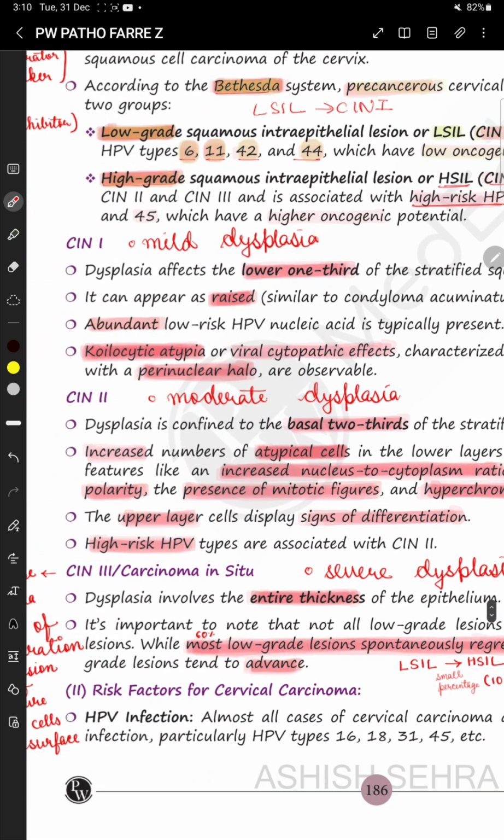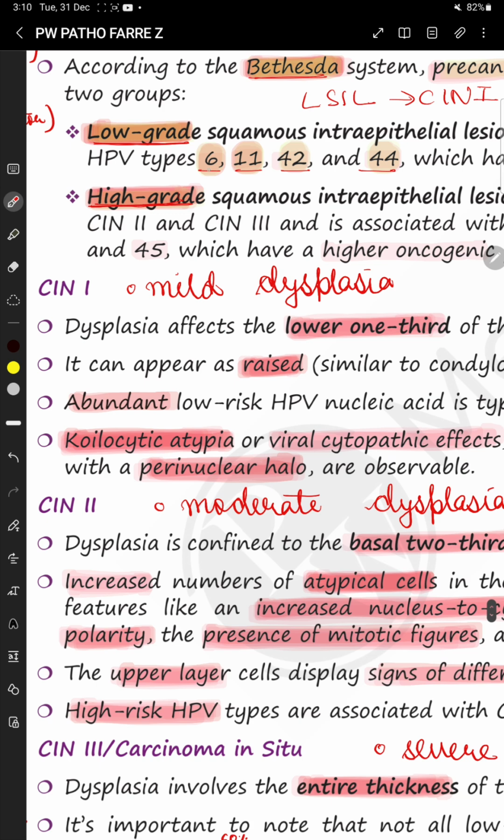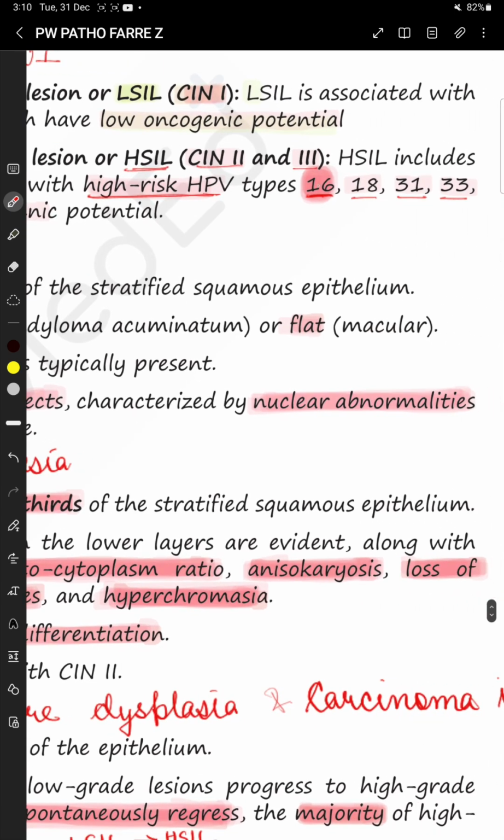सो बेथेस्दा सिस्टम के अकॉर्डिंग ये जो प्री कैंसरस लीशन है उसका दो ग्रेड होता है, लो ग्रेड स्क्वामस इंट्राएपिथेलियल लीशन और हाई ग्रेड स्क्वामस इंट्राएपिथेलियल लीशन. लो ग्रेड में CIN1 आता है and it is associated with HPV 6, 11, 42 and 44. और हाई ग्रेड में CIN2 और CIN3 आता है and this is associated with high risk HPV, that is HPV 16, 18, 31, 33 and 45.